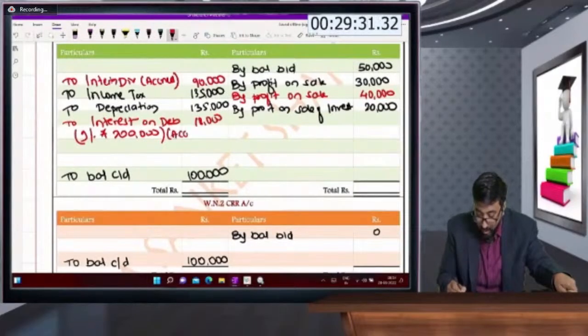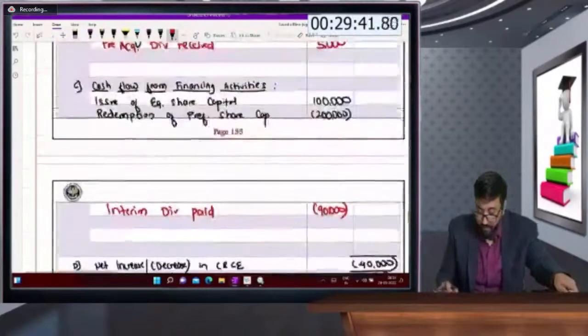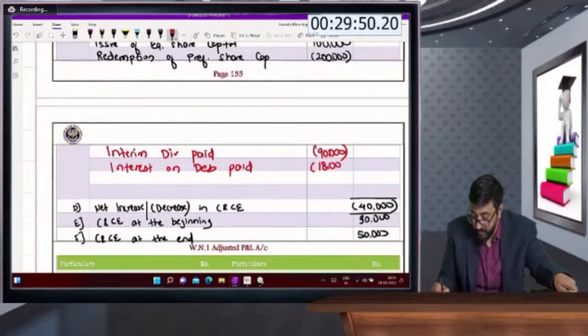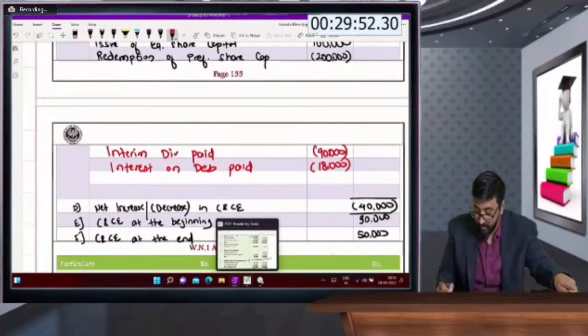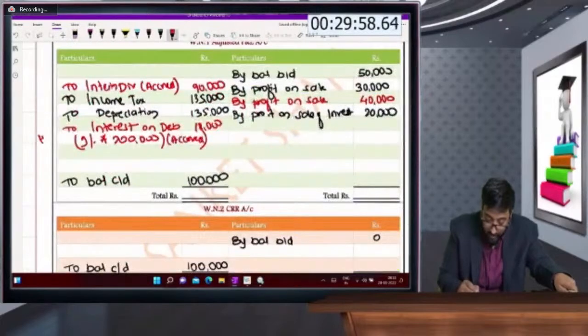This is accrued, and we will assume this is paid. Interest on debentures paid, accrued is equal to 18,000. So this is hidden; though it is not given, you have to write it.